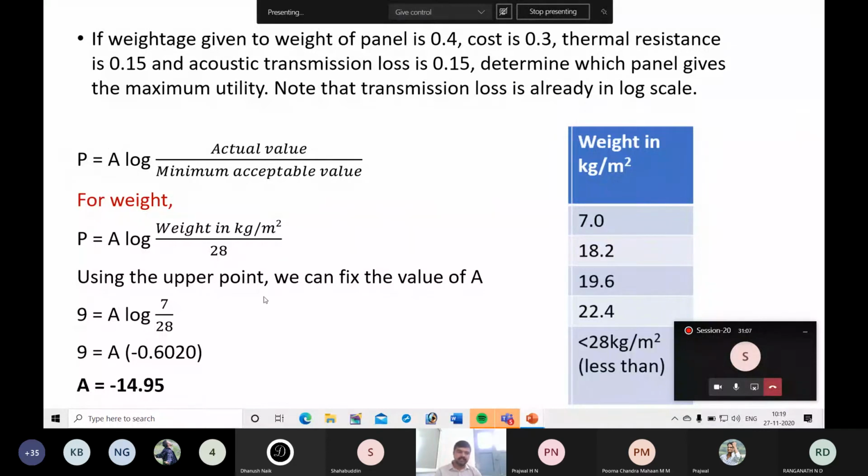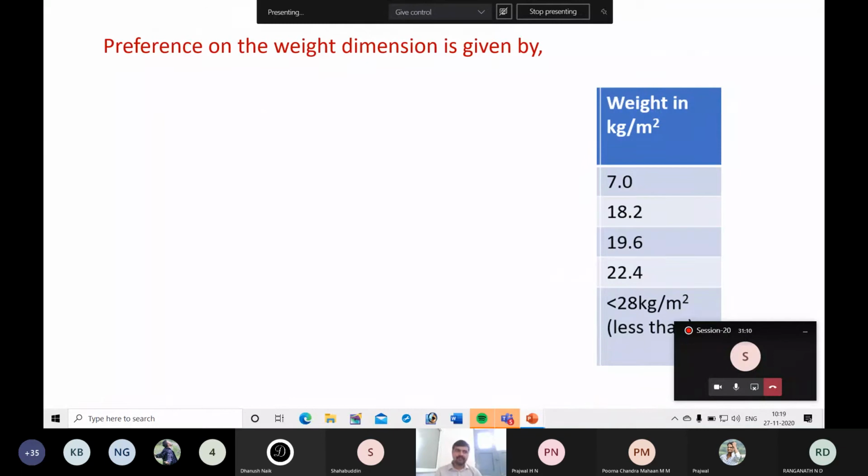Next, preference on the weight dimension is given by this equation. That means P is equal to minus 14.95 log of actual value. We are going to substitute the actual values of weights, and this is the minimum acceptable value.